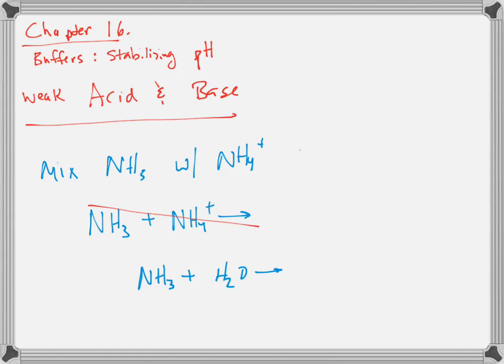What does it need to do? Accept a hydrogen. Okay, if it accepts a hydrogen, what does it look like? What would our other product be? Okay. Is it a strong acid or strong base? It's not one of those ones we've memorized, so it's at equilibrium.